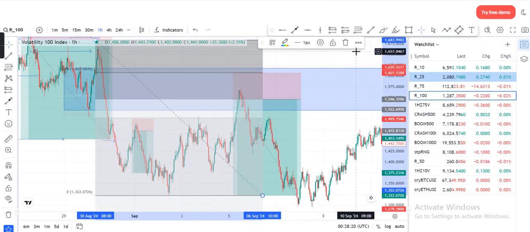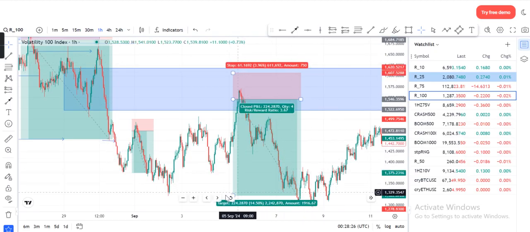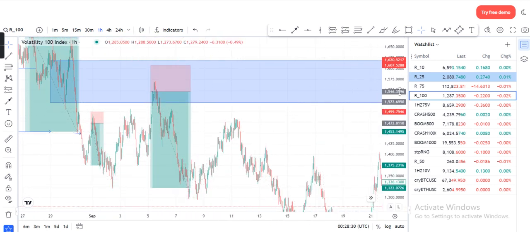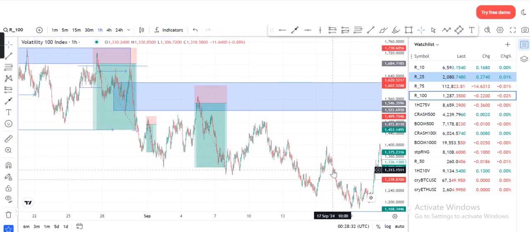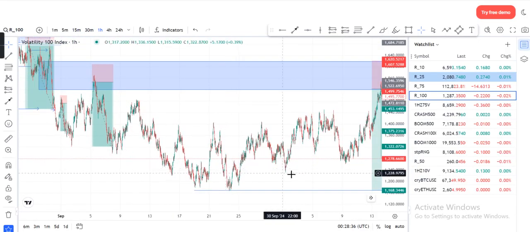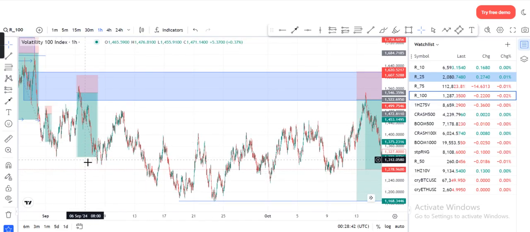So this was another entry we had on the volatility test. So now, that being said, market hit take profit, and we had all of that happening on the way. Right from then, we still got another entry around here.